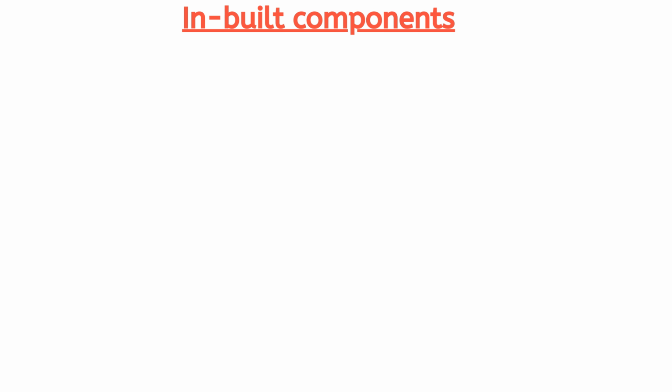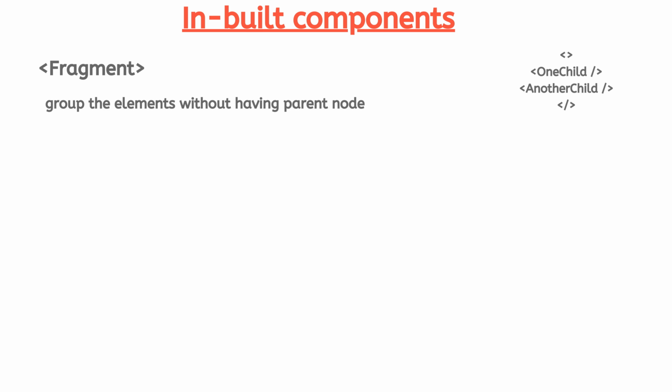There are some more additional inbuilt components in React.js, of which Fragment is the first one. The Fragment is a group, it will group the elements without having a parent node.